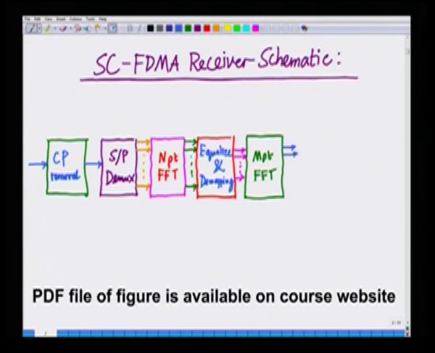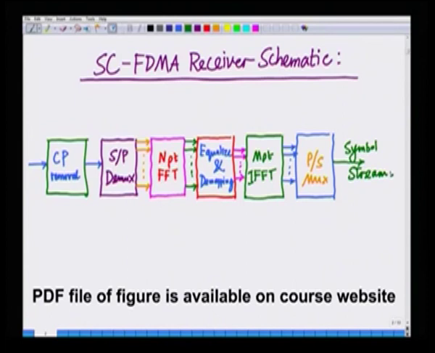IFFT operation, and then I can serialize this, converting from parallel to serial, which is essentially multiplexing this into the symbol stream.